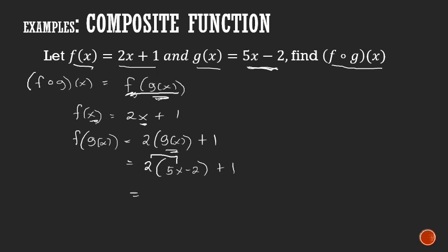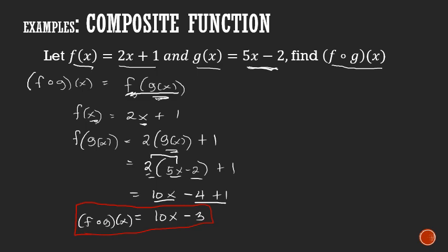We have 2 times 5x is 10x. 2 times negative 2 is negative 4 plus 1. Then perform the operation. So we have 10x, copy. Negative 4 plus 1 is negative 3. Therefore, the f circle g of x is equal to 10x minus 3.